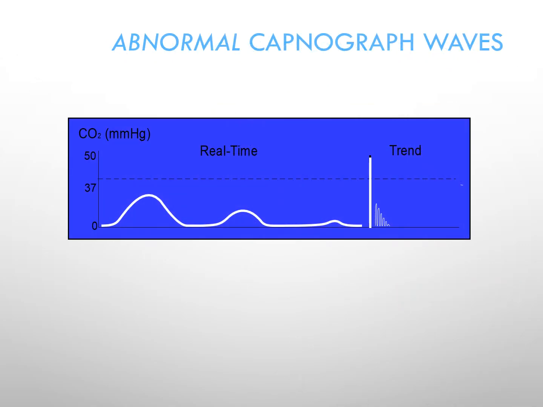This slide shows a reading in the first breath of around 25 or 30 or something along those lines. The next breath it's less, the next breath it's even less. What probably happened here, though we don't know for certain because we don't have enough information, is that if this patient was being intubated and this tracing was monitored during the intubation, it would suggest that the tube did not end up in the proper place.